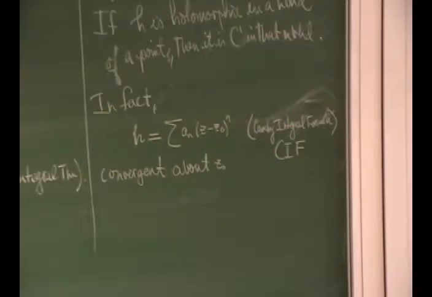So the goal of today's lecture, I think I have time, is to prove the regularity theorem and prove the Cauchy integral formula, and to say then that holomorphic functions are just power series.